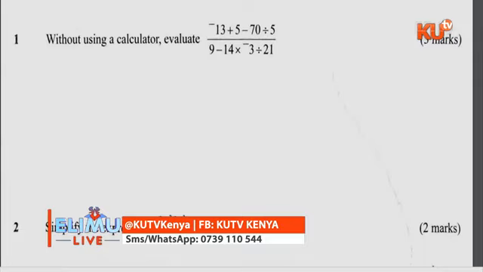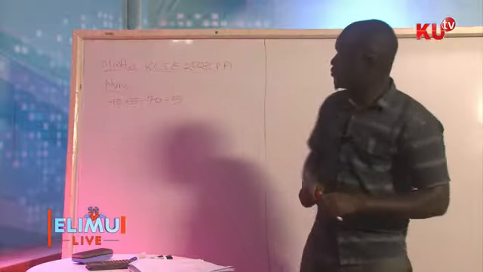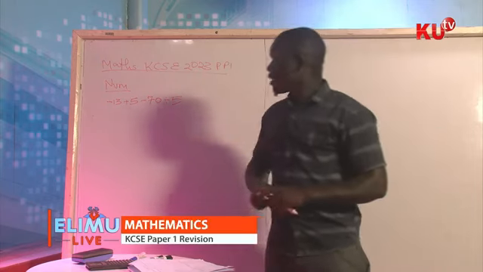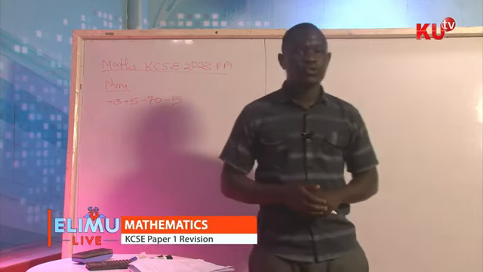So we have negative 13 plus 5 minus 70, then divide it by 5. That is the numerator part of our fraction. Dear students, when you get such a question in an exam, we've got more than one operation there.